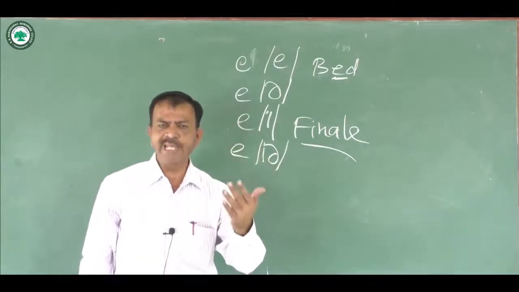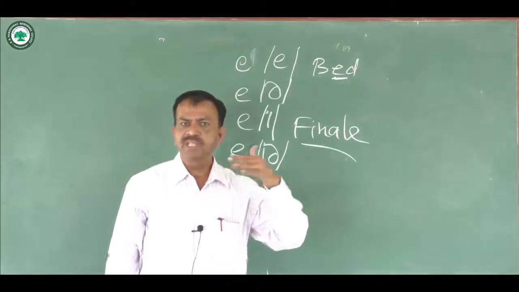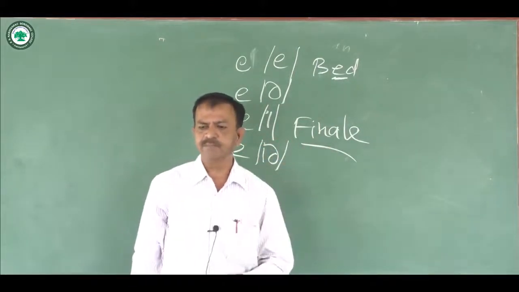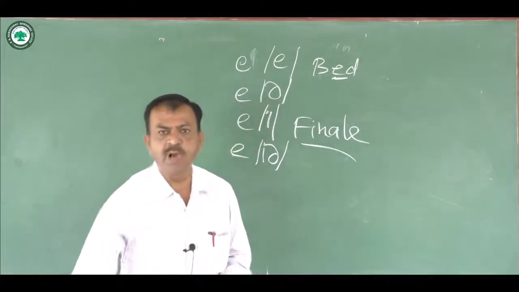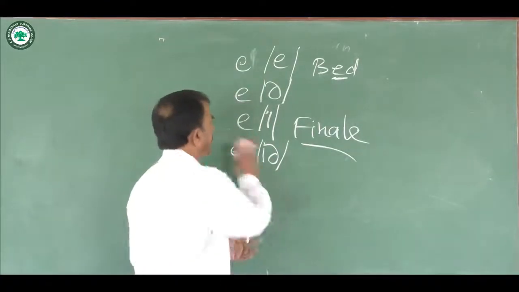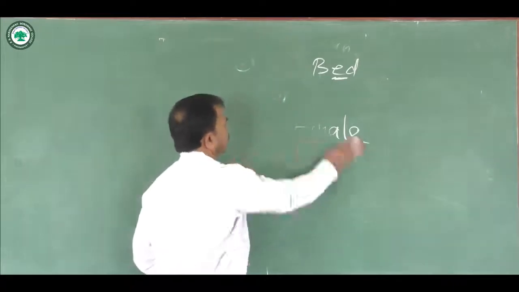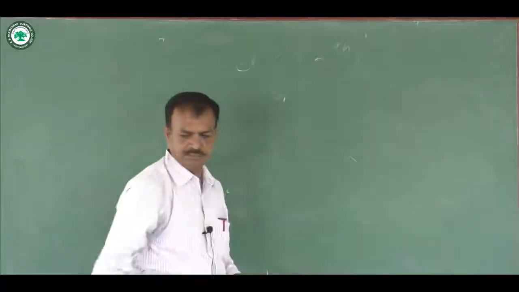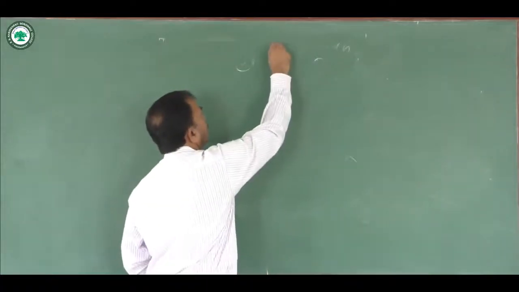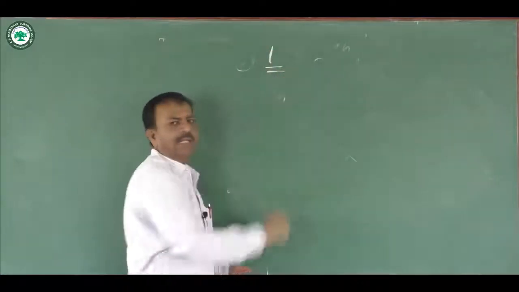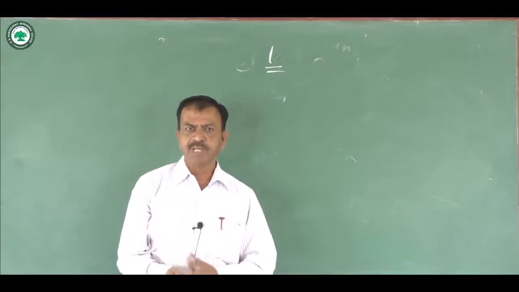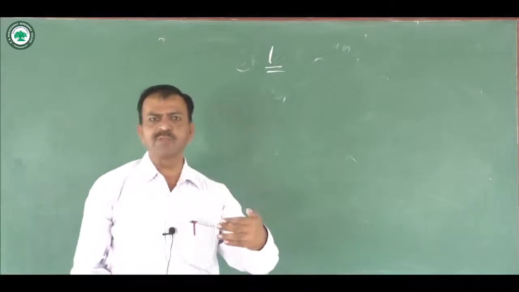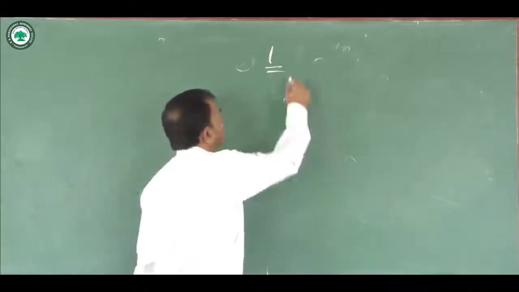So E is pronounced in such different ways. You can take another example of the pronunciation of letter I. Letter I can be pronounced again differently. Sometimes letter I is pronounced as E.